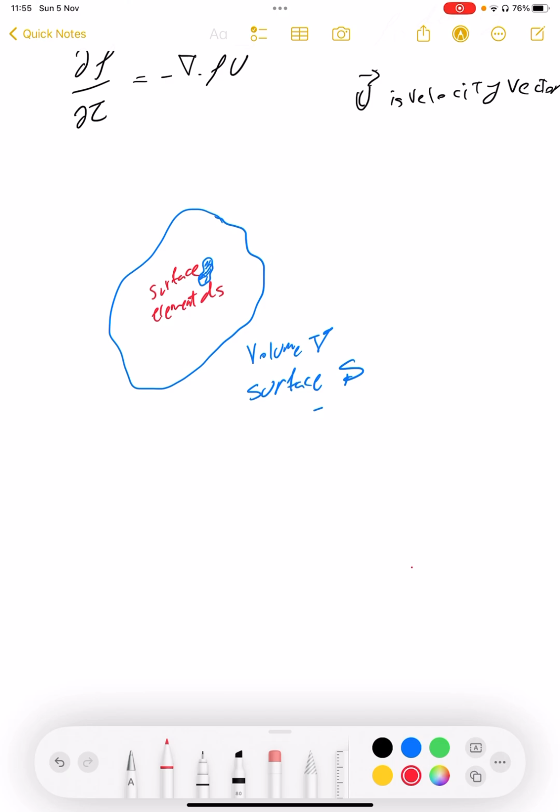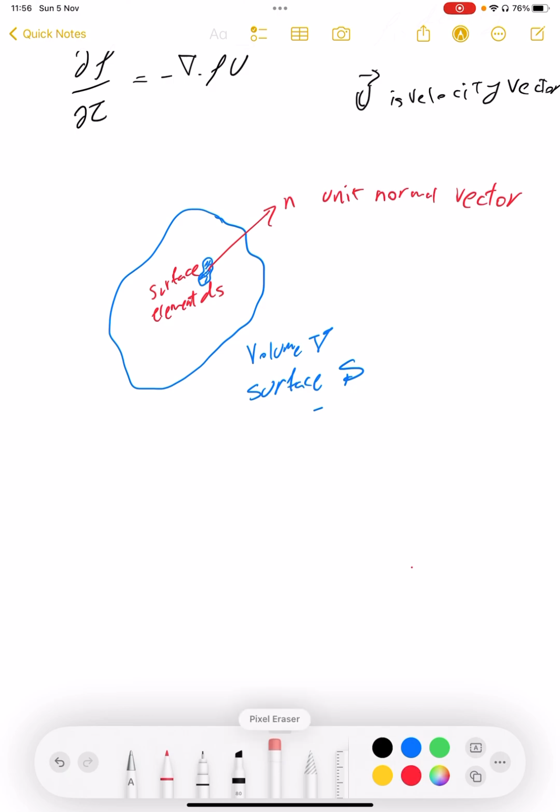And so to talk about the mass flux which is passing across this tiny element dS, you need to know the normal vector which is directing outside of the control volume at this tiny element. So n is a unit normal vector.